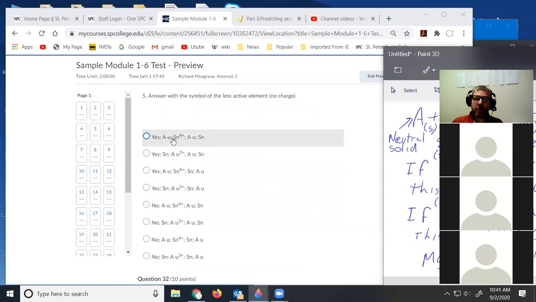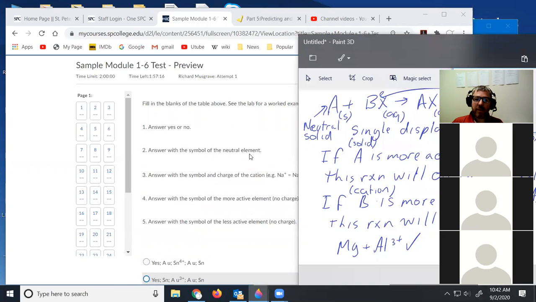So you've got all these answers here, and they're just combinations of everything I just talked about. So in this case, the answer is no. Gold is the solid. Tin 4+ is the cation, and the one that is going to be more active will be the tin. So the answer would be this one here, and that's what you'd put down.